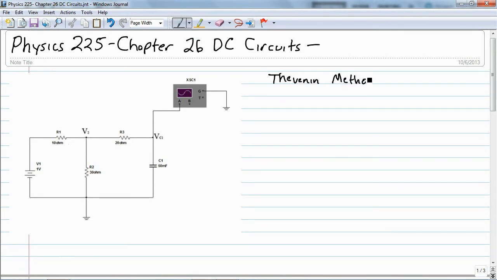But what Mr. Thevenin said is that we can simplify a circuit down to a voltage source that we're going to call V Thevenin and one resistor we're going to call R Thevenin and the capacitor. This circuit will work in such a way that the capacitor doesn't know the difference.